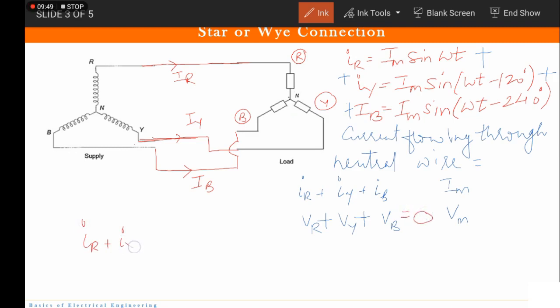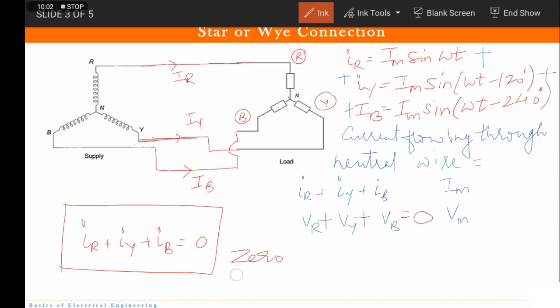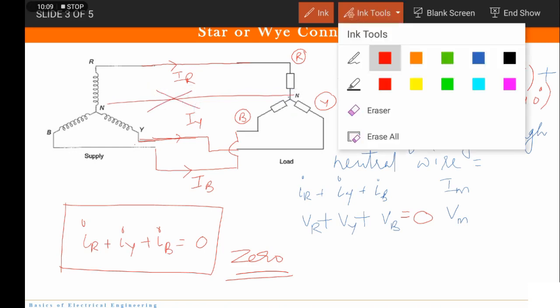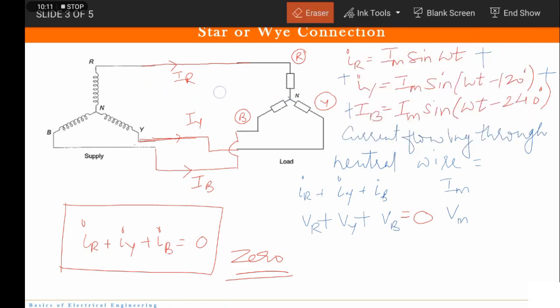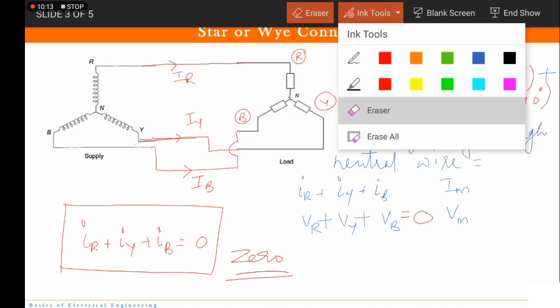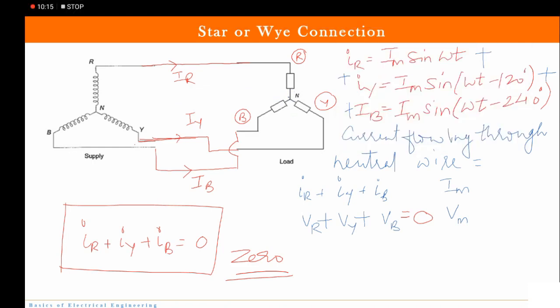Similarly, I can write that here also the sum of these currents is going to be 0. It means what current flows through the neutral wire? Zero. Nothing flows through the neutral wire. So in a star connection, even if we do not connect it, it is fine. It is not going to make any difference.